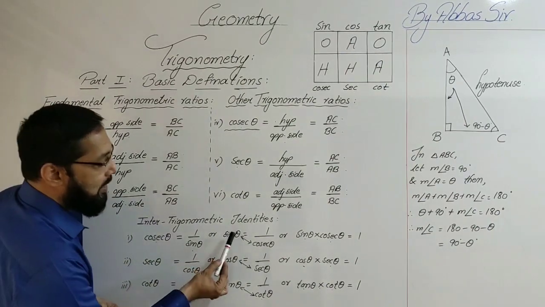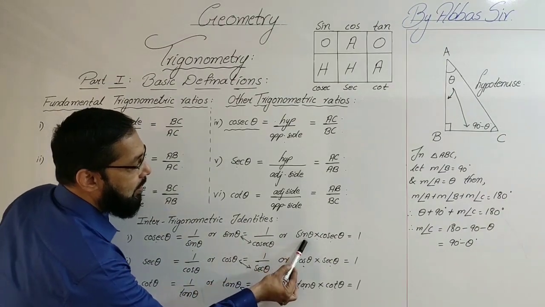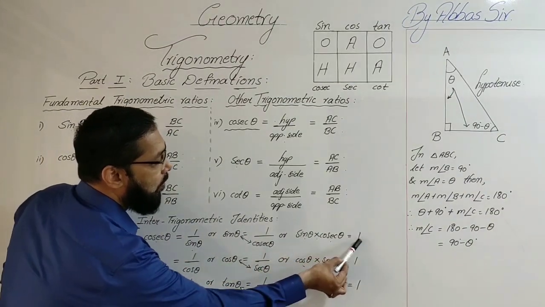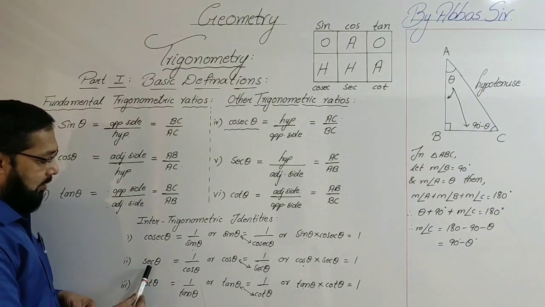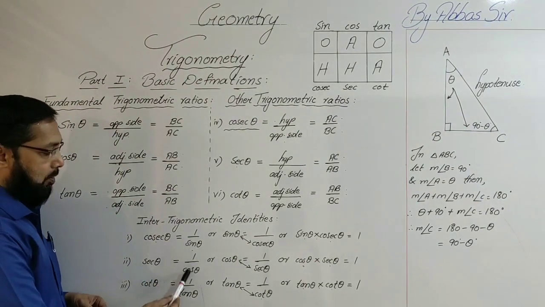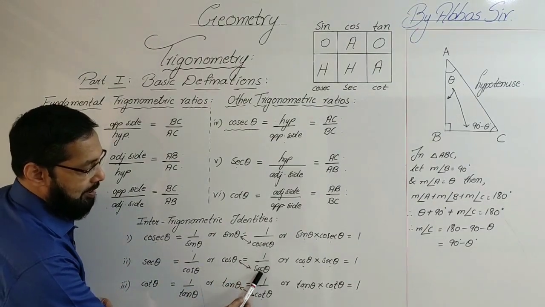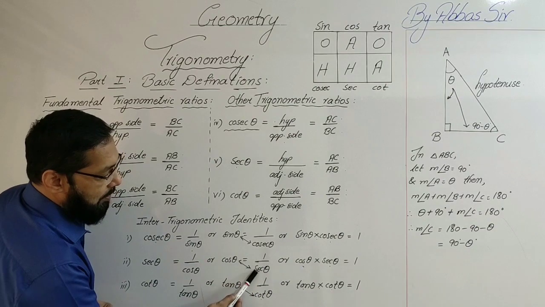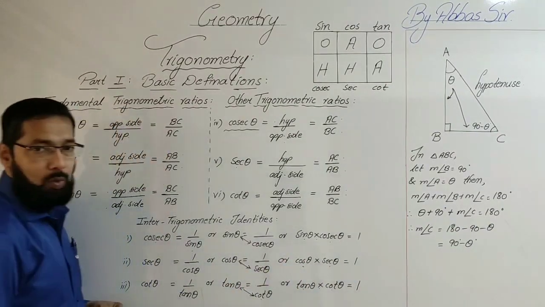Therefore, when you cross multiply, we get sin theta into cosec theta is equal to 1. Similarly, sec theta can be written as 1 upon cos theta, and therefore cos theta can be written as 1 upon sec theta. When you cross multiply them, we get cos theta into sec theta is equal to 1.